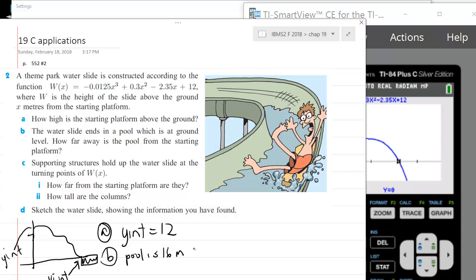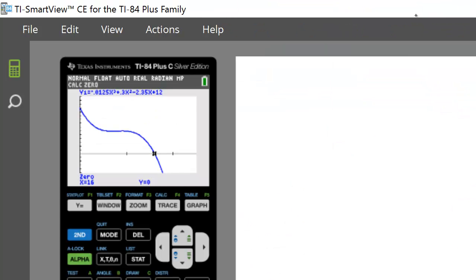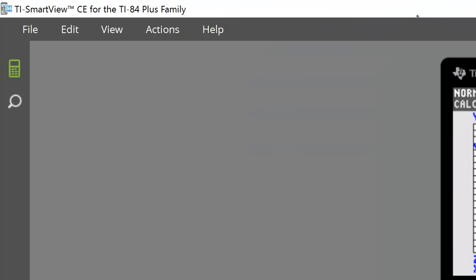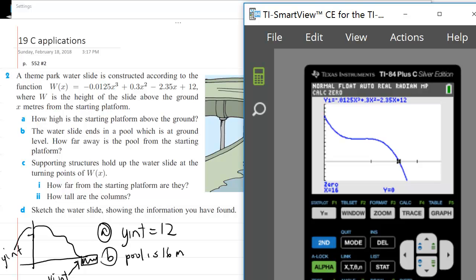Supporting structures hold up the water slide at the turning points of W. So if we go back to our screen, sorry, turning points are somewhere in here. And I don't know if it's going to come down and then back up or if it just kind of levels out, but let's find out.